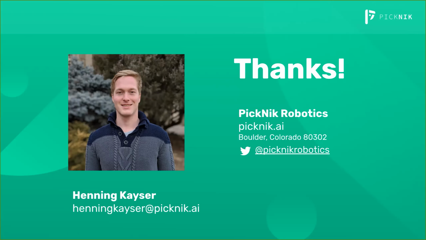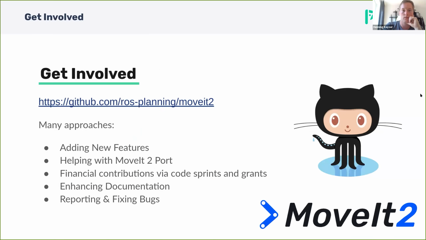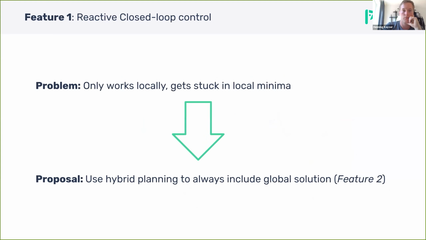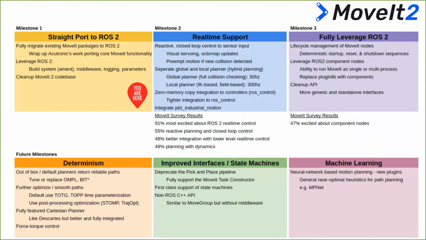I did have a couple questions. According to your milestones slide, it looks like you said you're almost done with milestone 1. That's the July release. Is that right? Yeah, I can go back to that roadmap if you want. So the roadmap includes the straight migration. That is, all packages are ported, of course, full migration is done, and the code base is cleaned up.